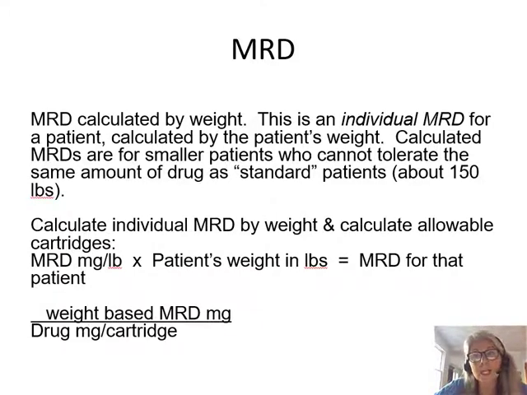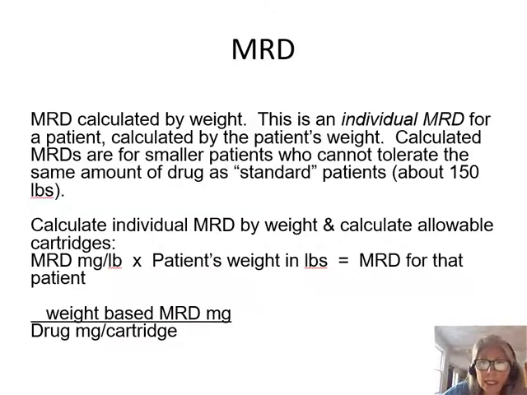MRD may also be calculated by weight. So this is an individual's personal MRD because it is calculated by their specific weight. You use the weight-based MRD for smaller patients who cannot tolerate the same amount of drug as a typical standard patient who is about 150 pounds.